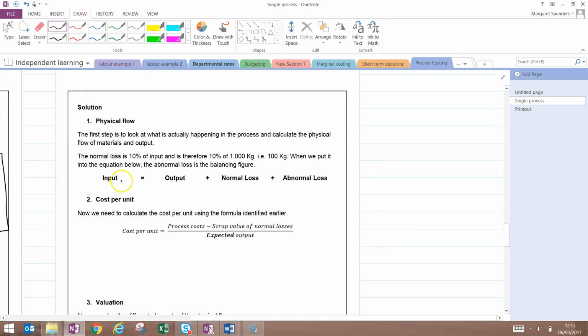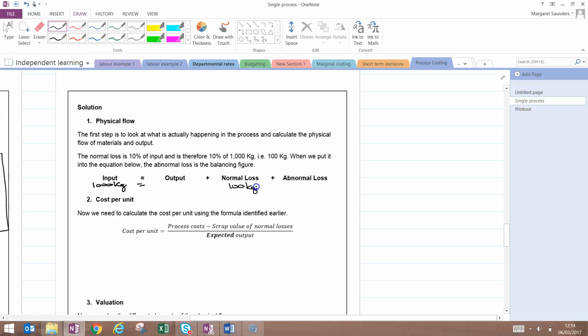Right, so our input, 1,000 kilos. Now, if you remember, I said the next thing that you should record in your physical flow is the normal loss. So that is the expected loss, which we were told was 10% of our input. So we can put that in.